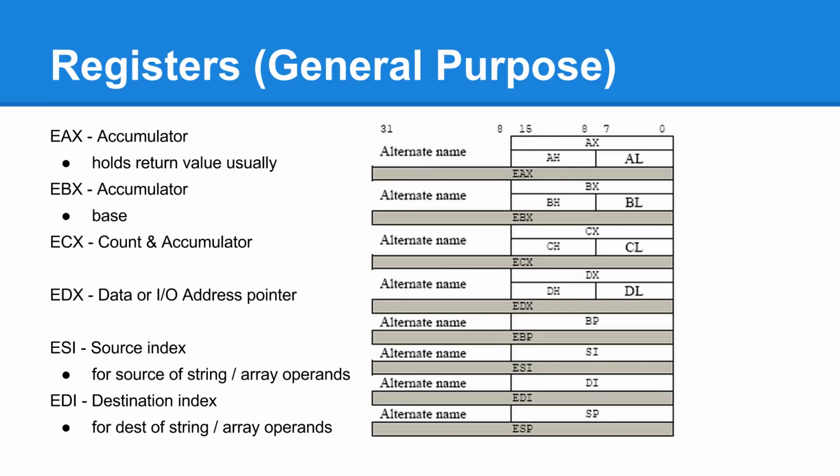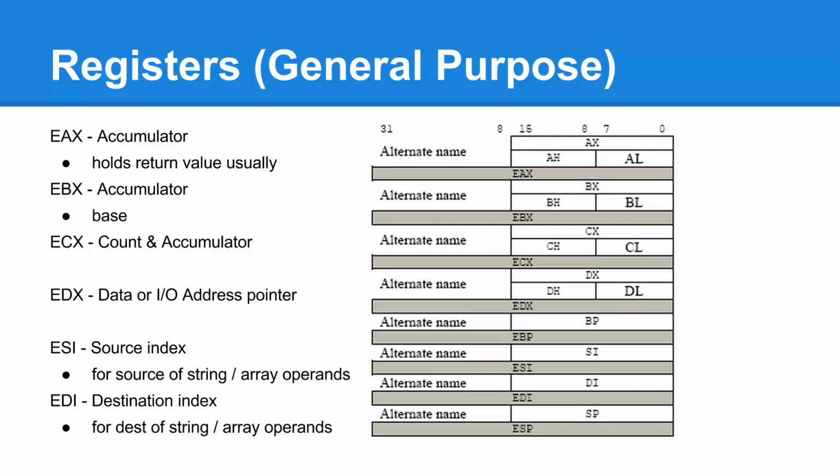I will get back to the difference between the von Neumann and the Harvard architecture in just a moment. So for x86, which is von Neumann architecture, there are a number of basic registers that are used for everything from counting to pointing to a source index for a string or a destination index for a copy or a move.